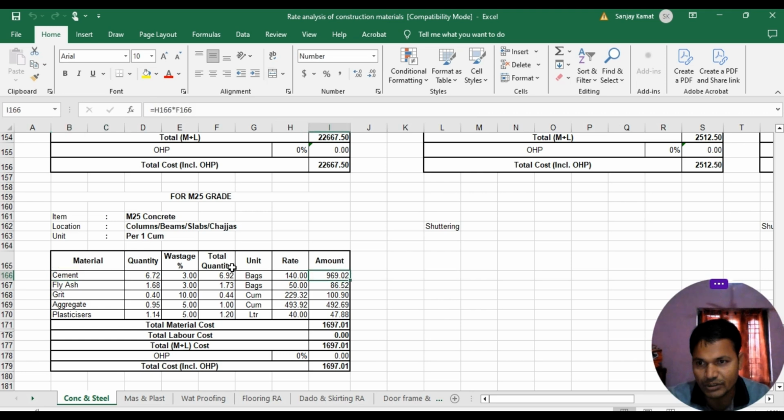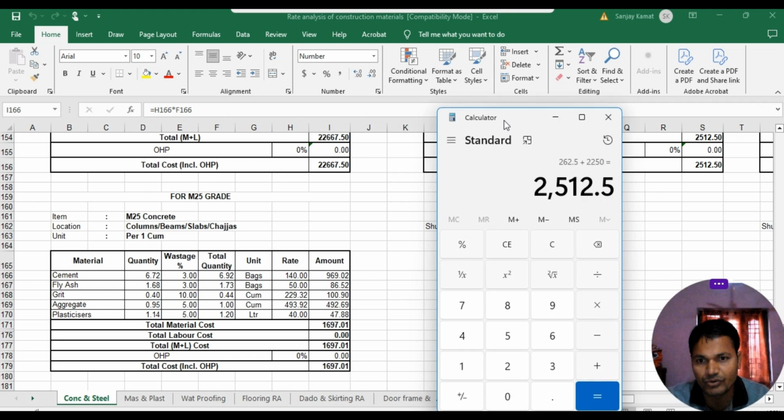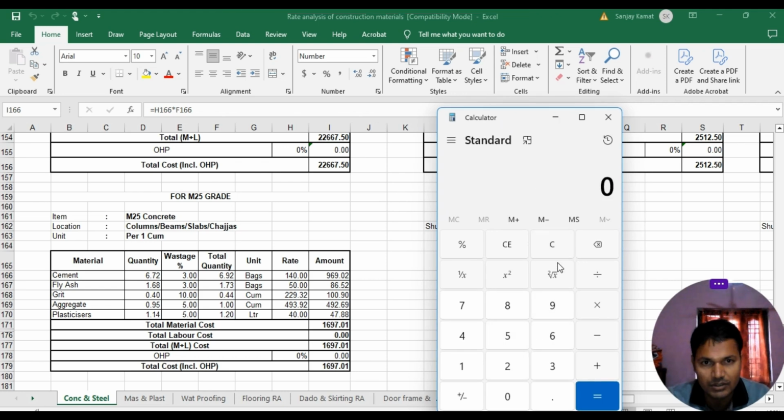Once we know the rate, we can do it later. Let's check this value, whether it is right or wrong.